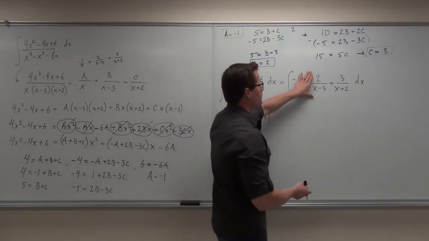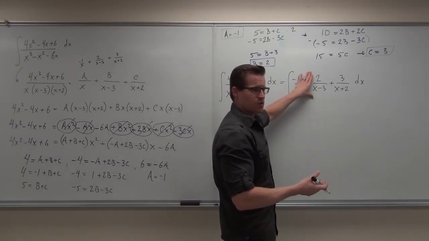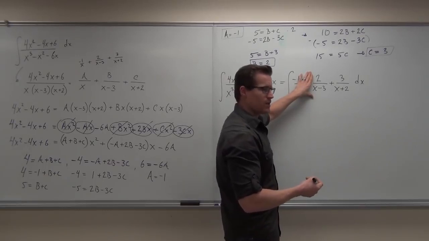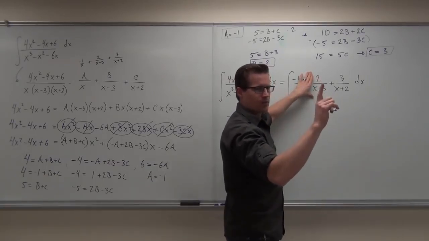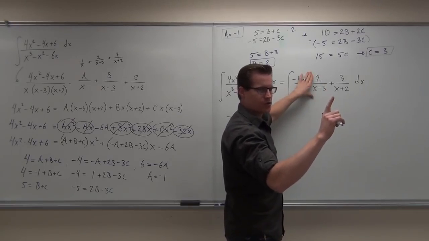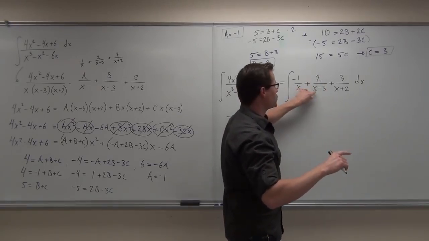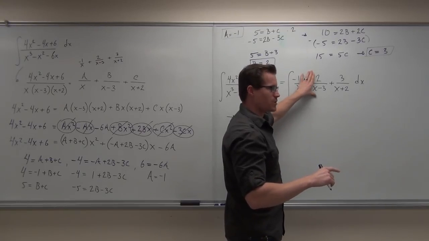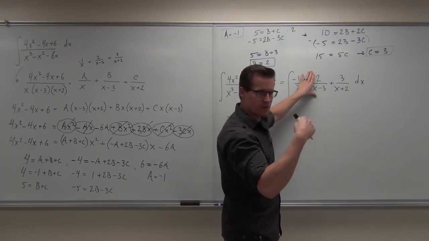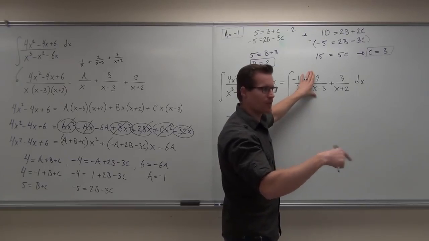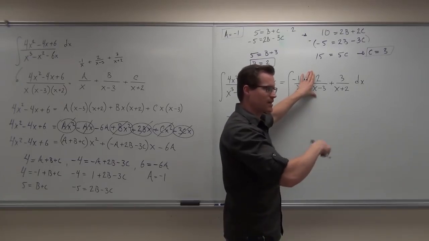Now this one, by rights you should be doing a substitution, shouldn't you? However, if you did a substitution on this, the derivative is 1, which means you're not going to be changing that coefficient whatsoever. If this was like a 2x minus 3, yeah, you probably have to do a little something with that. I would probably still do it in my head. I do a little substitution in my head. I get a 1/2, but you'd have to take that into account.